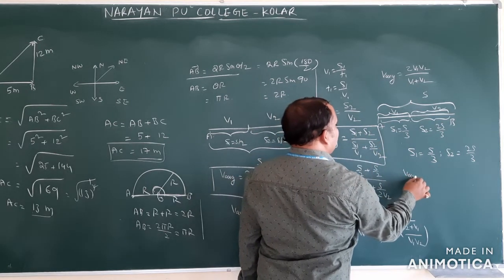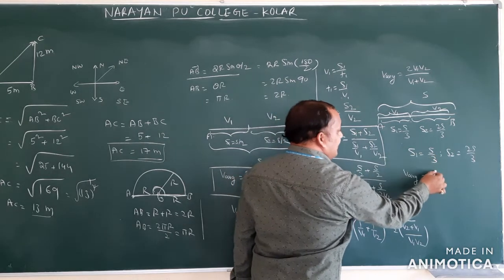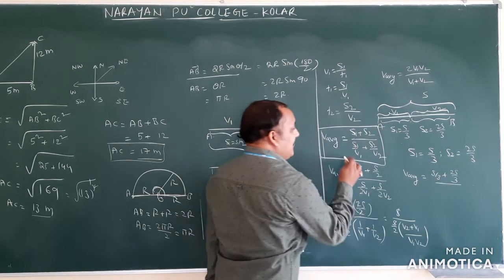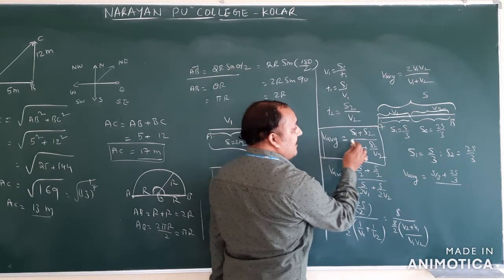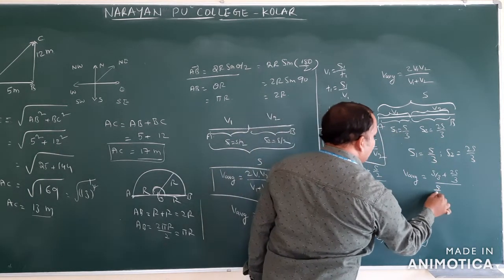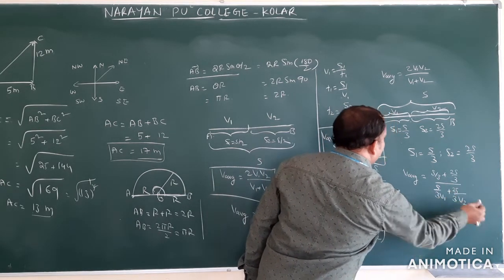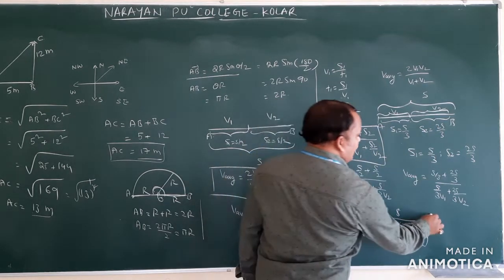So V average is equal to, in place of S1 how much we have to write? S by 3 plus 2s by 3. In place of T1 we got S1 by V1, so S by 3 V1 plus 2s by 3 V2, because in place of S2 we wrote 2s by 3. How much you get here?